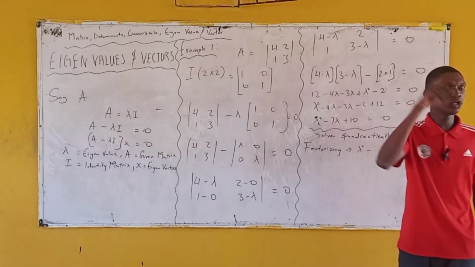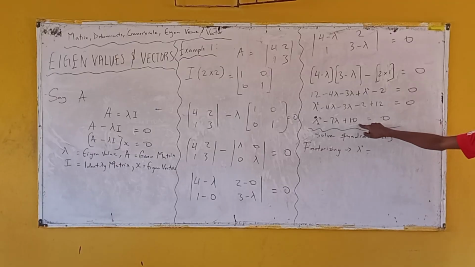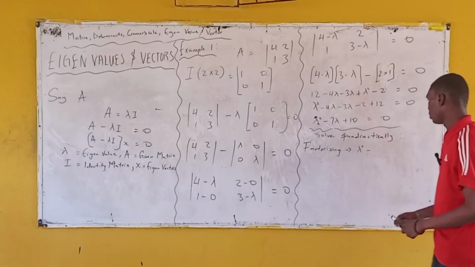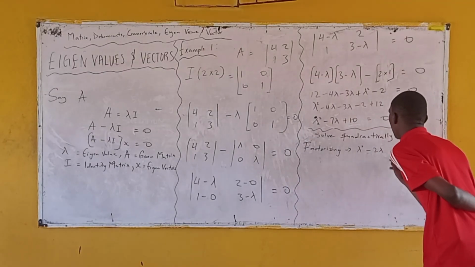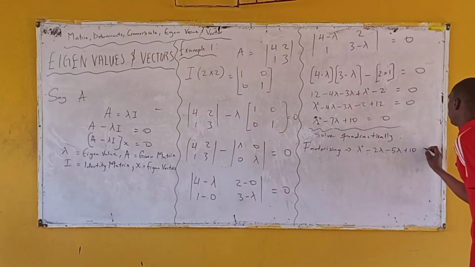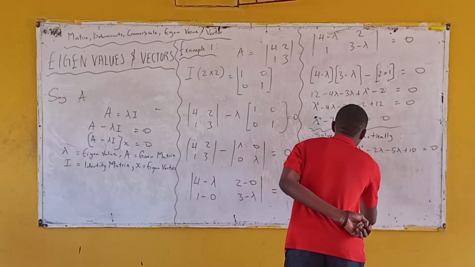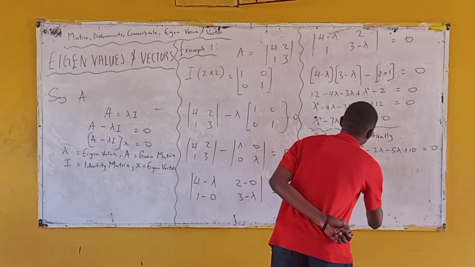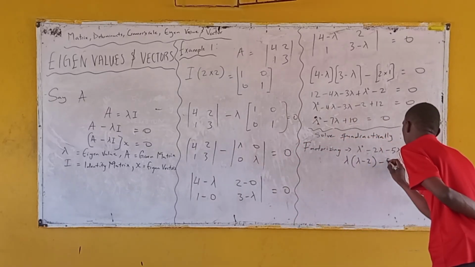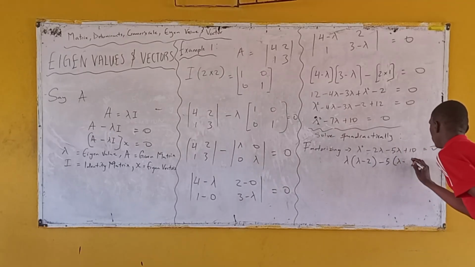Look for two numbers that multiply to give you this 10, and when you add them, give you minus 7. That will be minus 2 lambda minus 5 lambda plus 10 equal to 0. Therefore, lambda square in brackets, lambda minus 2, minus 5, in bracket lambda minus 5. Okay, lambda minus 2, sorry.